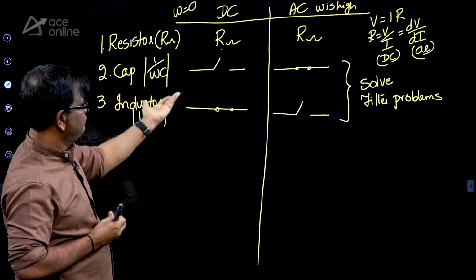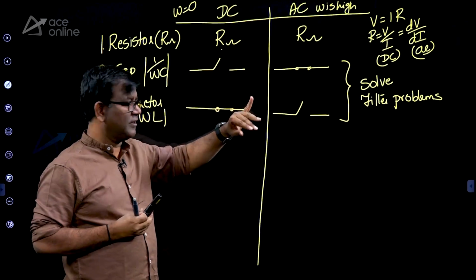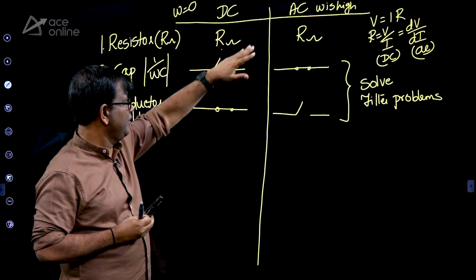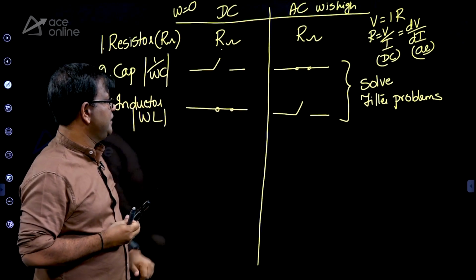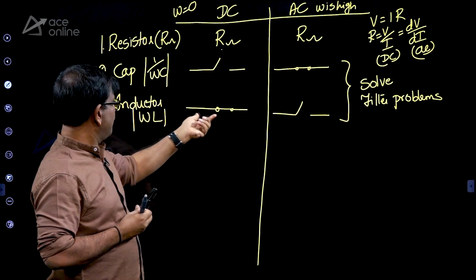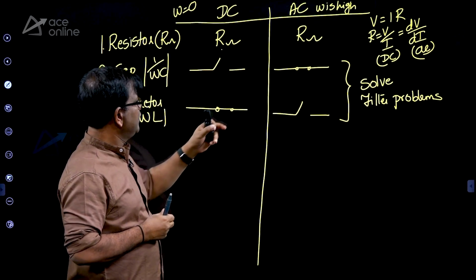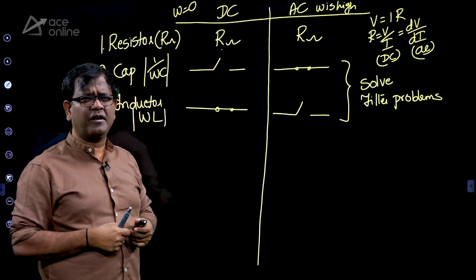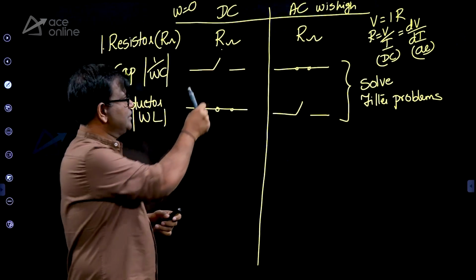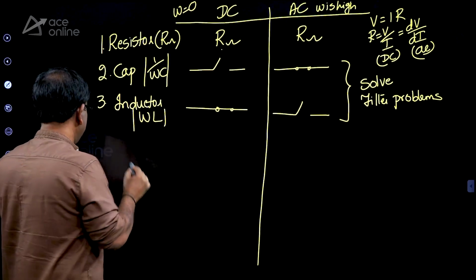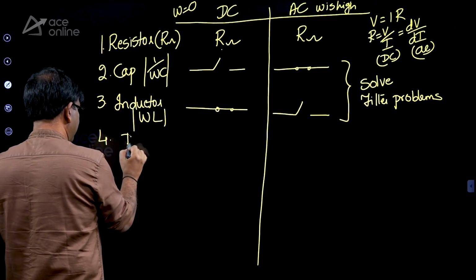Capacitor and inductor, completely complementary picture. For low frequency or DC, capacitor will act like open, for AC it is short, inductor for DC it is short, and for AC it is open, right? So you can solve a lot of filter problems very easily with this switch approach. So many GATE problems you can solve, right? And then comes the diode. We have just now seen a diode.